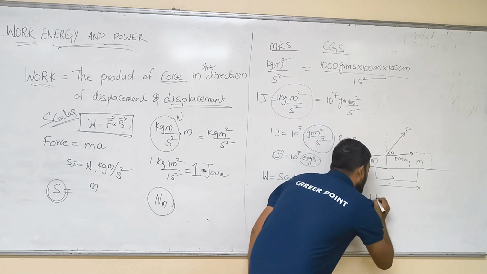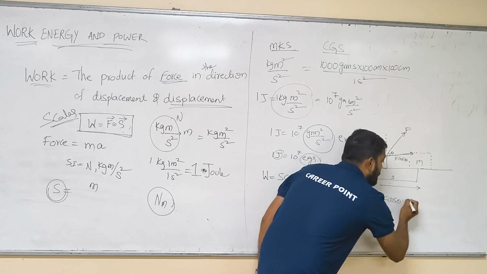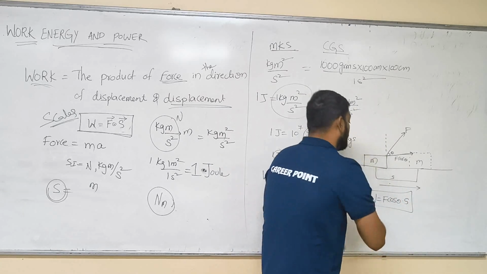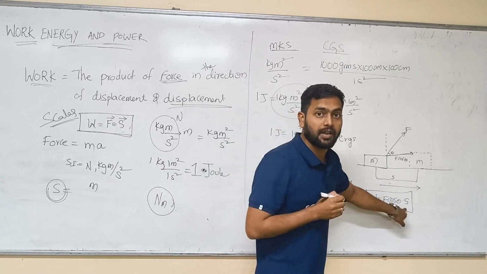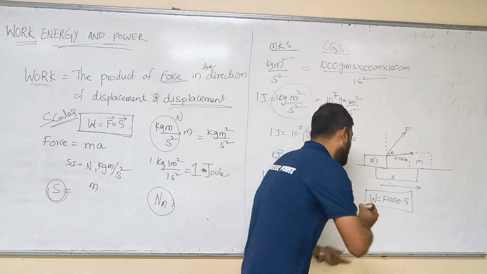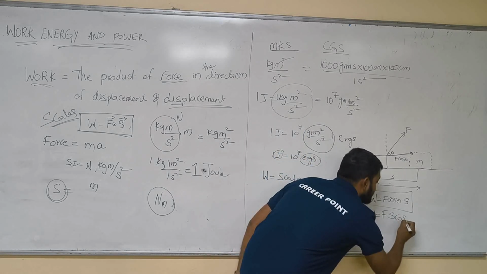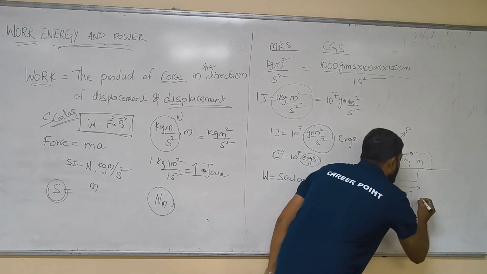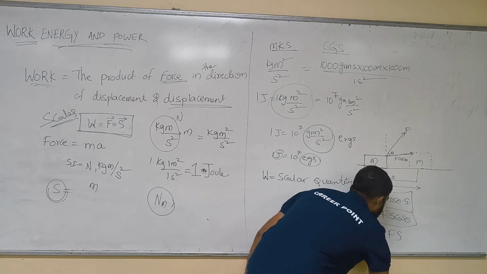So the work done will be equal to F cos theta dot S. You can also write this formula as W equals F S cos theta, so this may be equal to W equals F dot S.